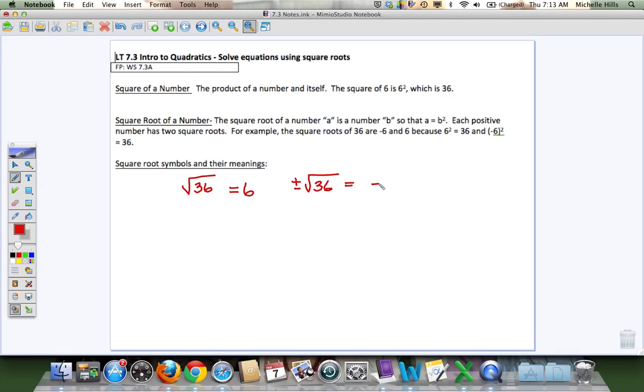So my answer would be negative 6 and positive 6, which is written a lot of times like this. This means both positive and negative 6. And if they only want the negative root, then they would write it this way. So it depends on what they're asking. If I'm solving a problem and they say simplify this, the answer is 6.